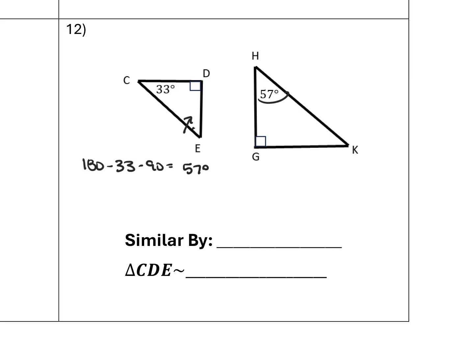So indeed, I have angle, angle. So these are angle, angle similarity. Now we start with D, or C, go to D and then E. So I'm going towards the 90 degrees angle from the 33 degrees angle. So this is going to be triangle KGH.